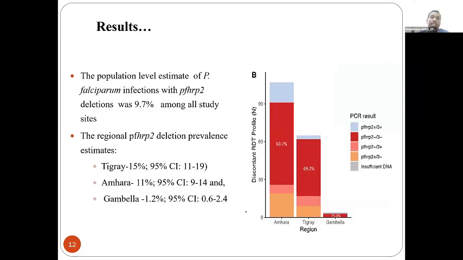So again, the population level estimation in the total PF cases was about 9.7% deleted, even though it is highly heterogeneous across the regions. Tigray, bordering Eritrea and some of Sudan, was 15%, Amhara was 11%, and Gambella 1.5%.